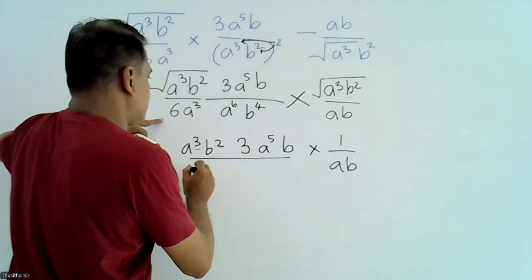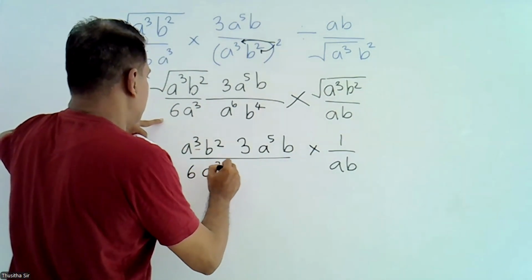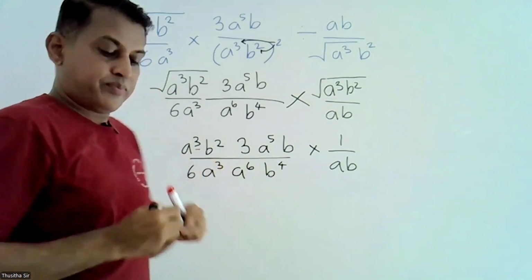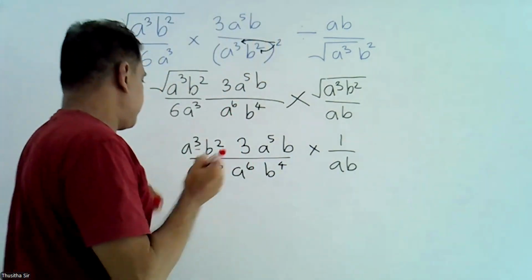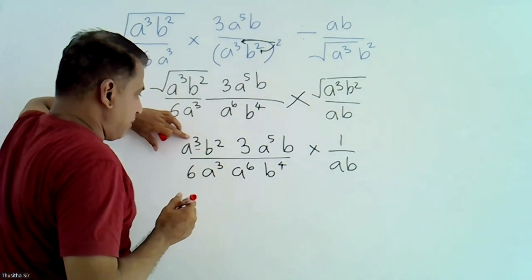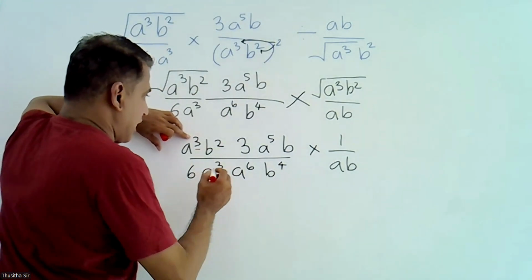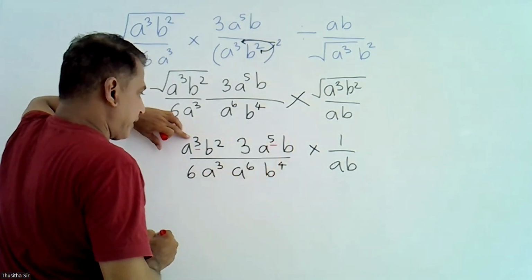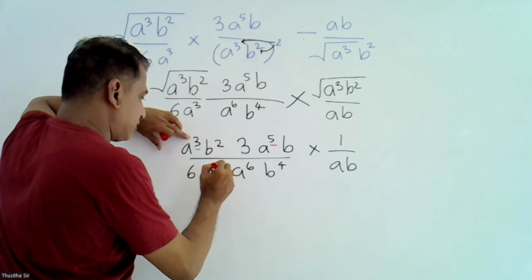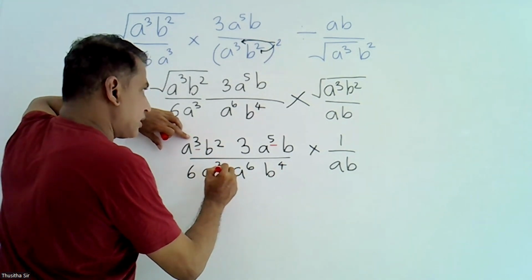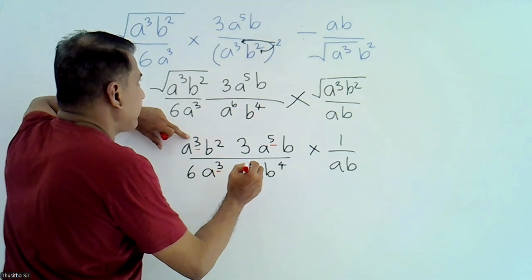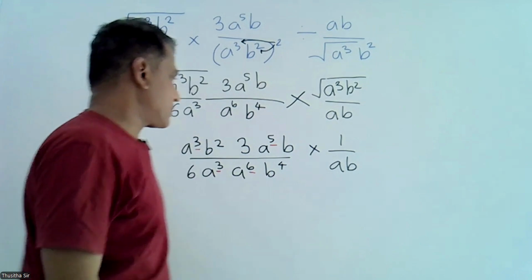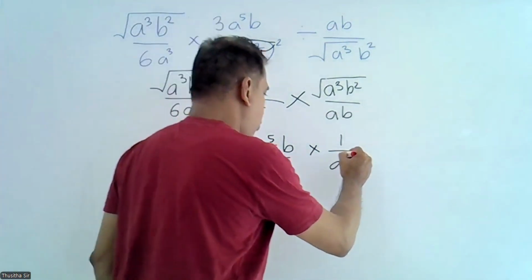Here bottom 6 a 3 a 6 b 4, right? Now here power of 3, and here 5, and the bottom 3 and 6, right? 3 and 6, and here 1.